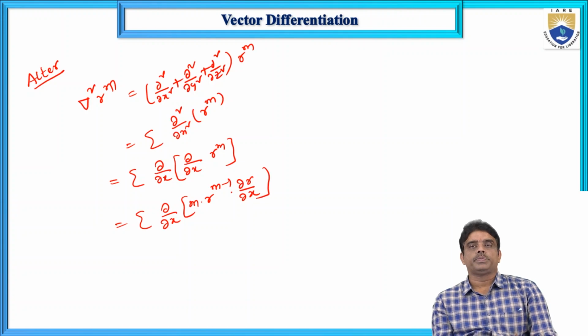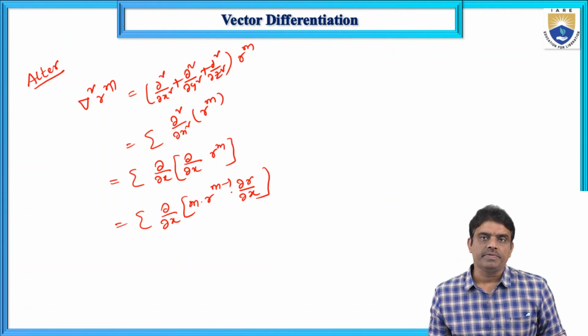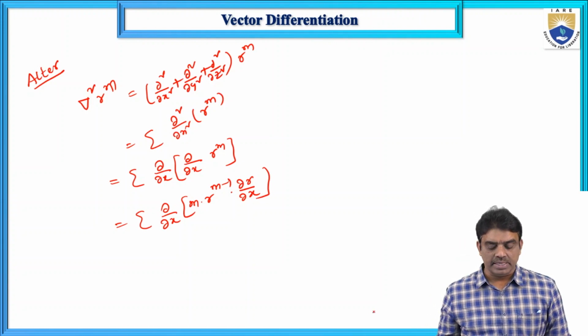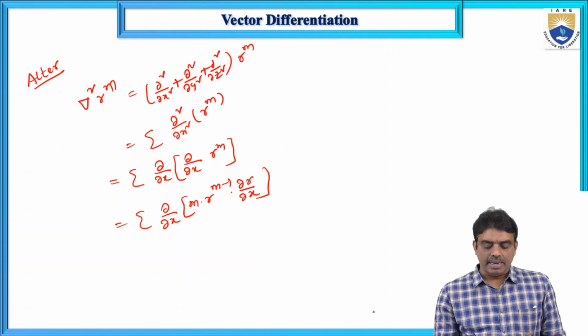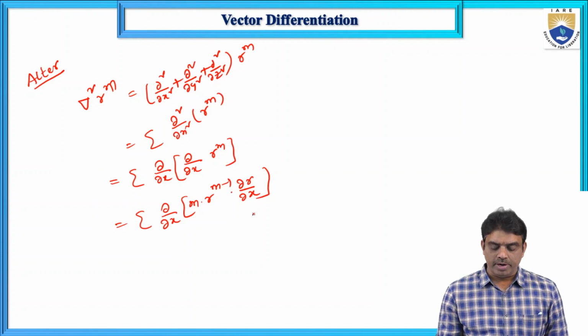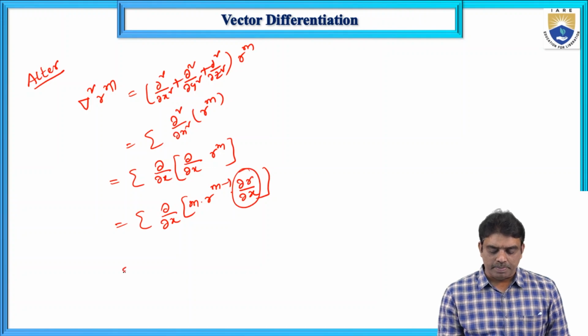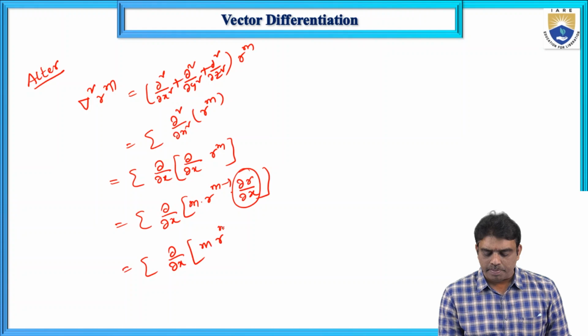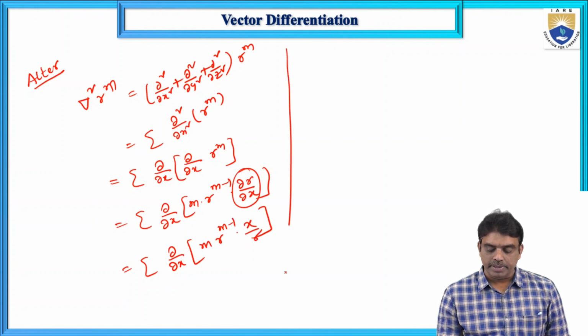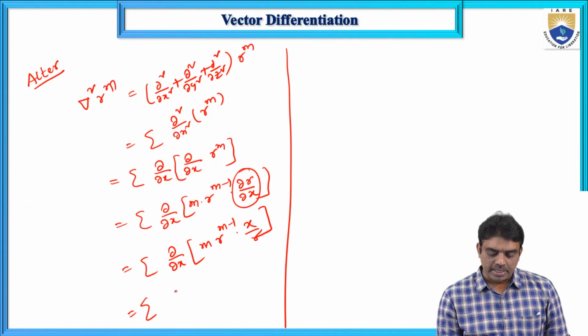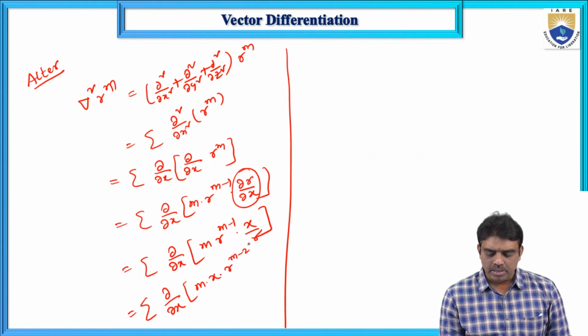Differentiating partially with respect to x, r is a function of x, y, z, so I write m into r power m minus 1 into ∂r/∂x. But ∂r/∂x can be replaced by x by r. Or we can write summation ∂/∂x of m into x into r power m minus 2.